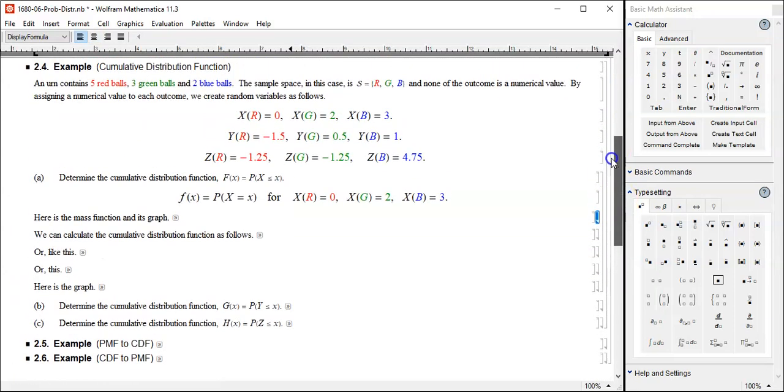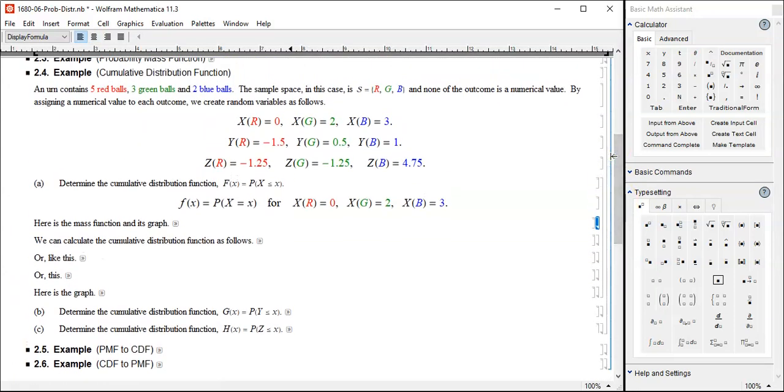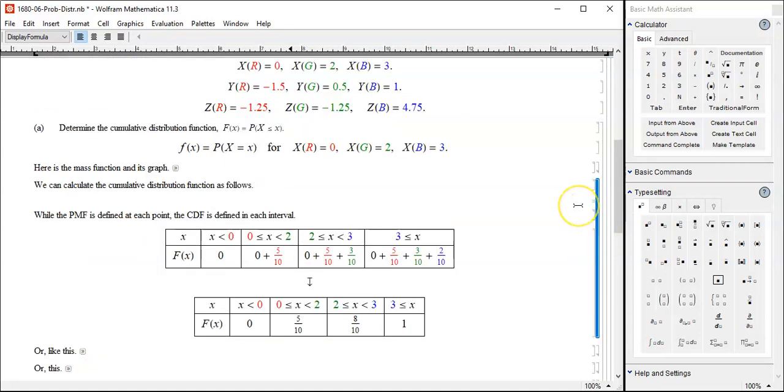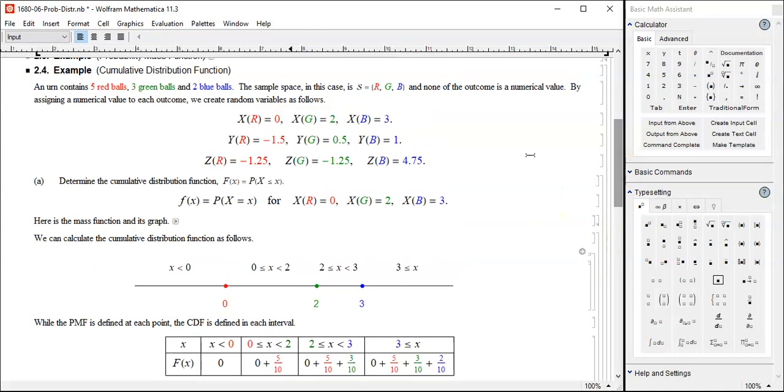And now let's consider the cumulative distribution function. You have to accumulate probabilities, and here's the preparation. These 3 possible outcomes, x equal to 0, 2, and 3, divide the number line into 4 pieces. X equal to 0 here is red, x equal to 2 here is green, and x equal to 3 is blue.